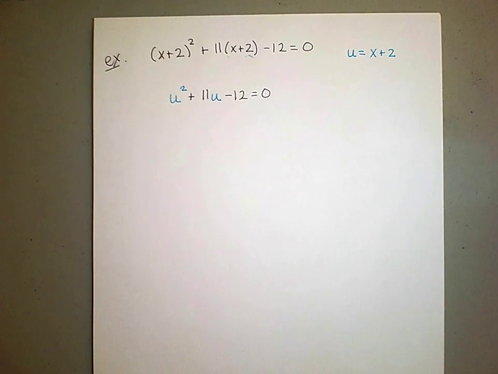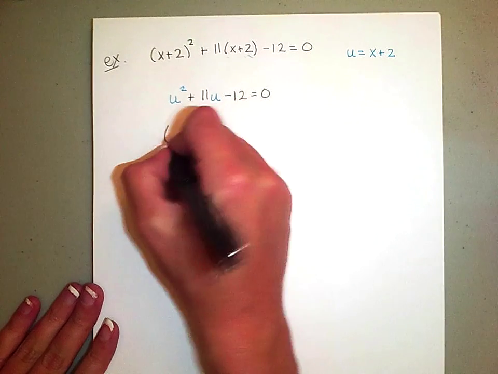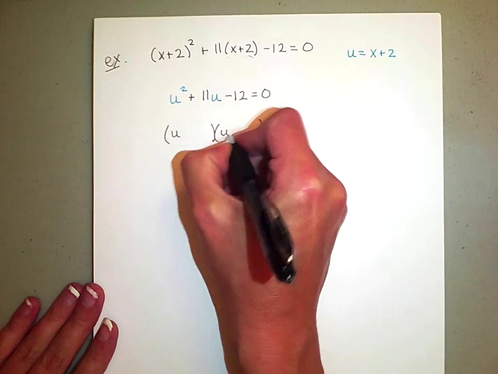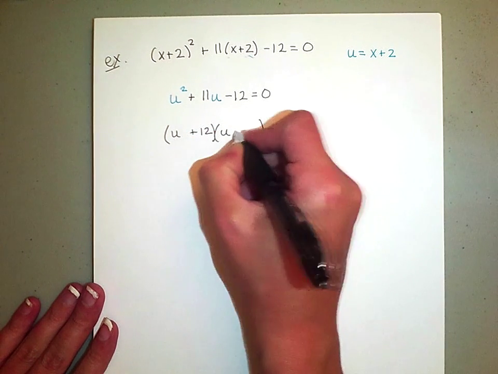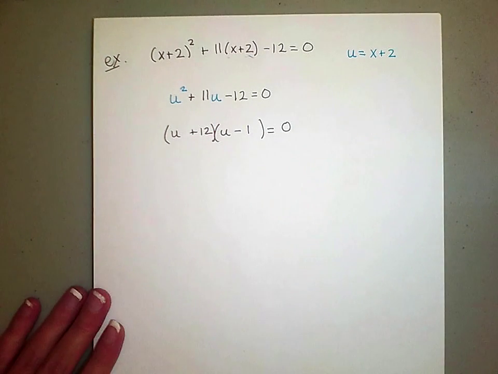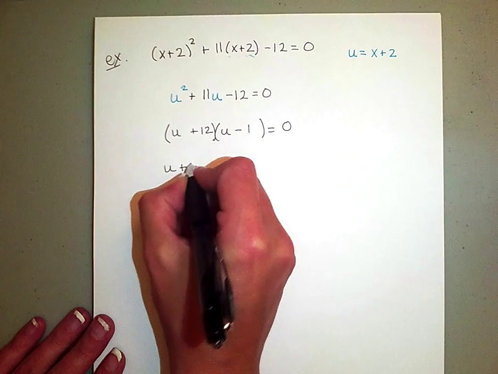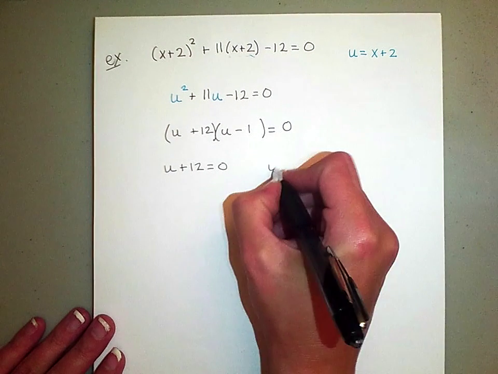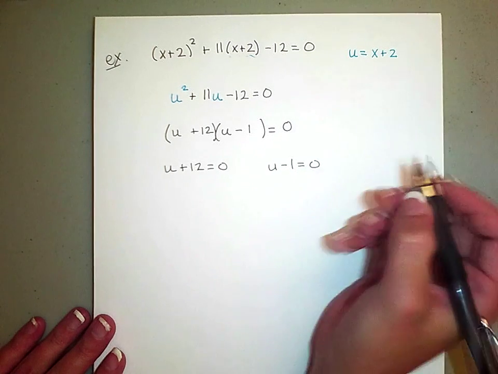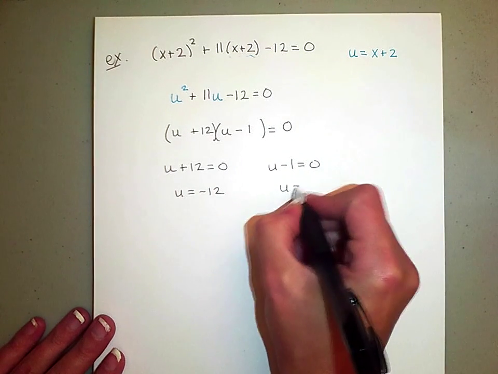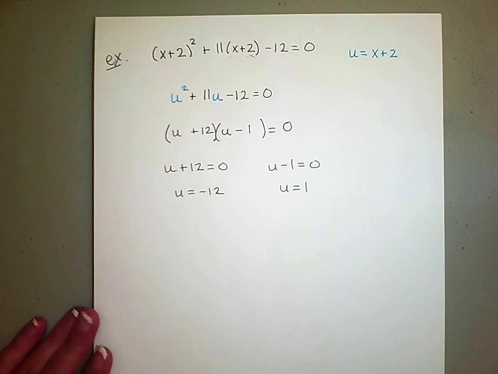And will this factor? Yes, this will factor. Okay. So this will factor into u plus 12 times u minus 1. So it's either that u plus 12 equals 0 or u minus 1 equals 0. So u is equal to negative 12 or u is equal to 1.